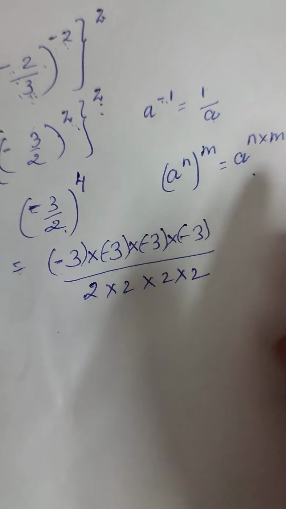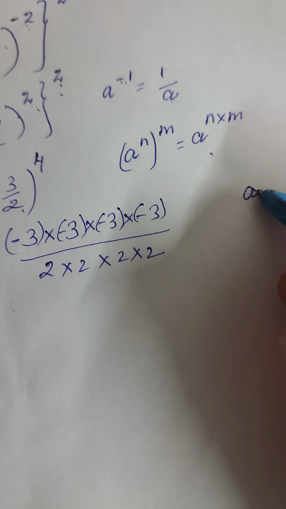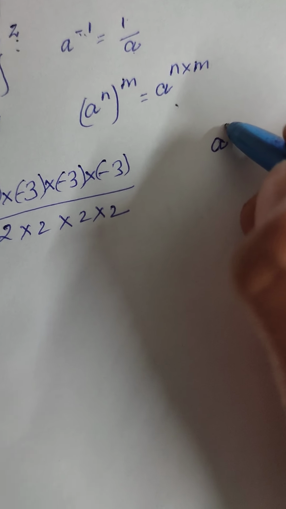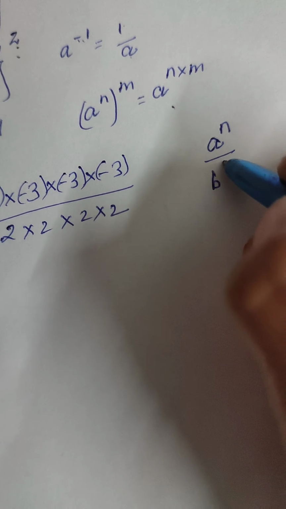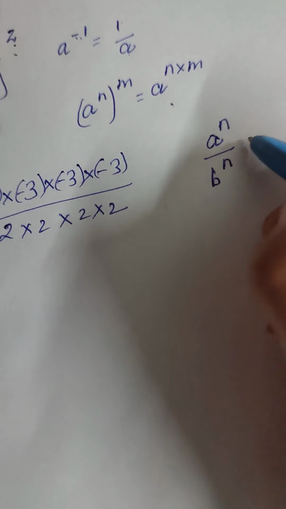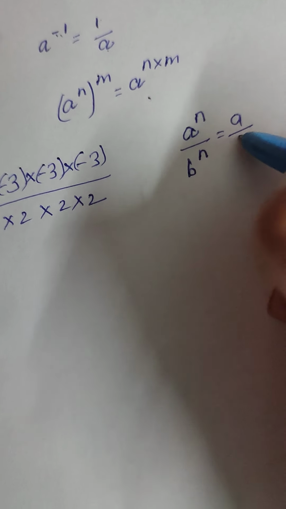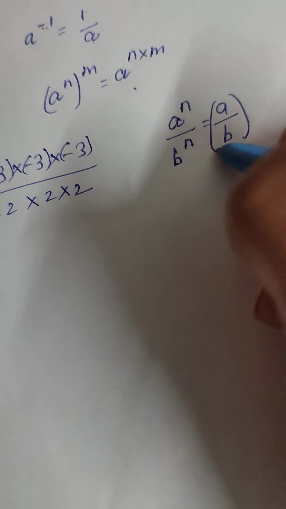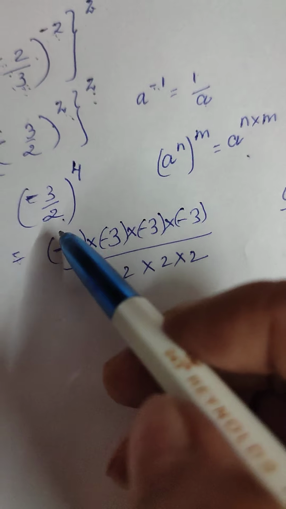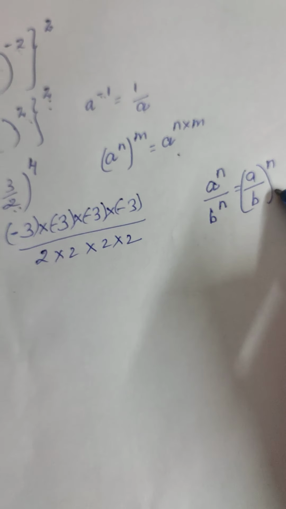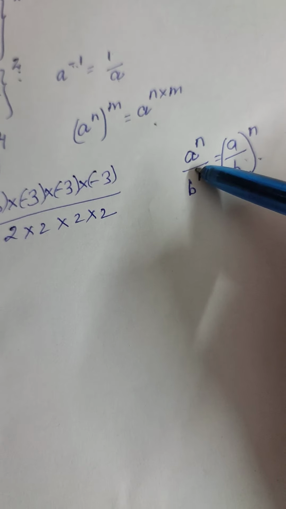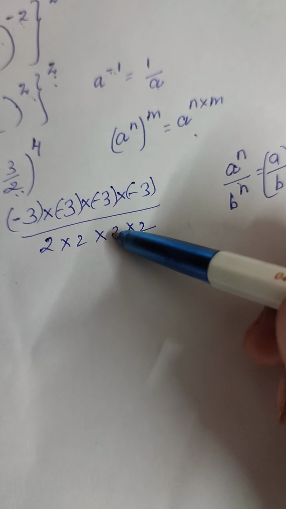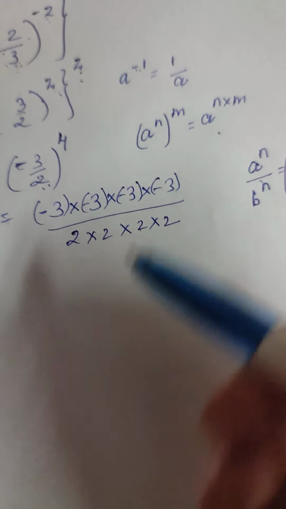Because we know the law, a^n by b^n, we can write it as (a/b)^n. So already it is given in this form. So we are simplifying and writing in this form to further simplify to get the final answer.